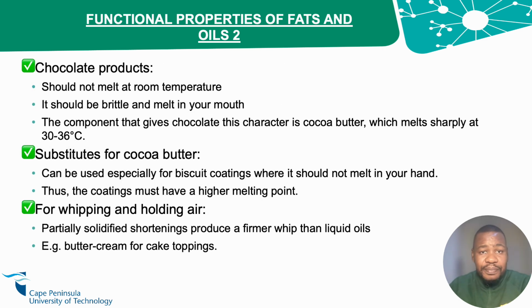So chocolates present a very fascinating interplay of structural integrity and sensory indulgence, and these are governed by the unique properties of cocoa butter and its substitutes. In Food Project 2, you are going to manufacture a food product based on chocolate and confectionery applications. A chocolate should not melt at room temperature.